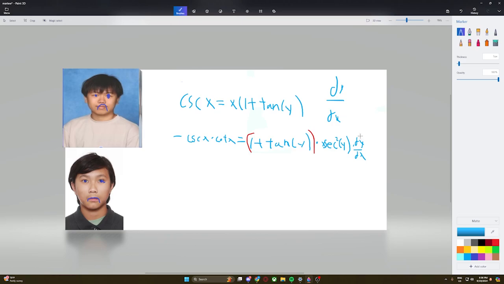And then what you're supposed to do, wait, this is an I, my bad. What you're supposed to do is take this to the other side and then divide it by secant squared.